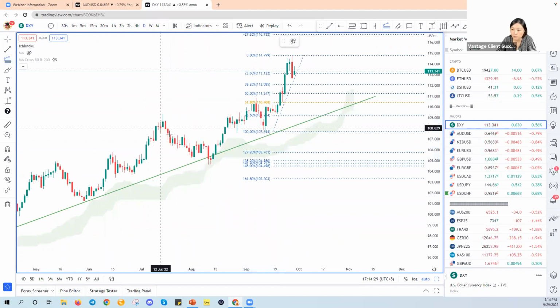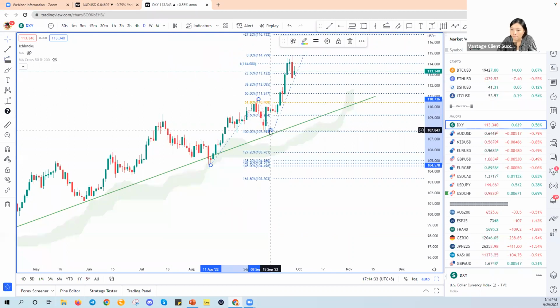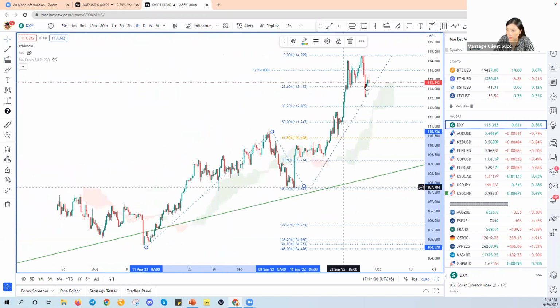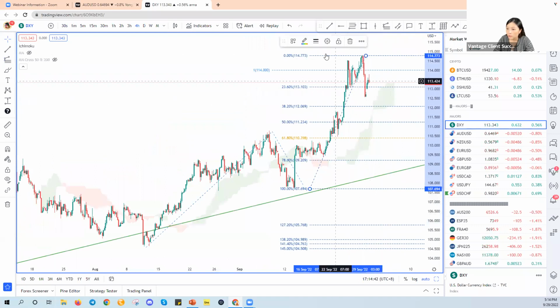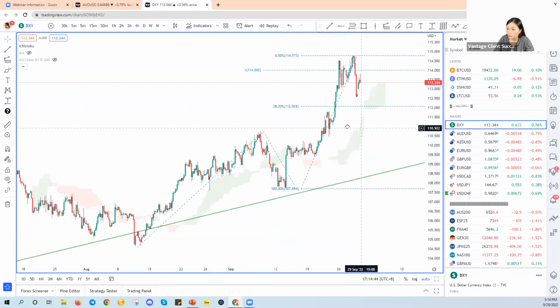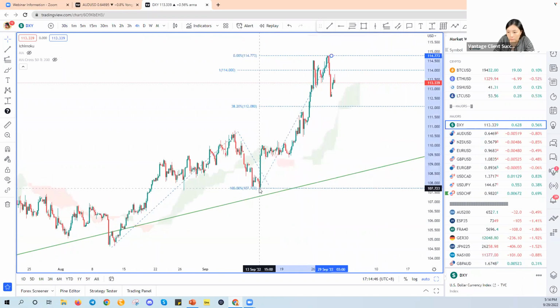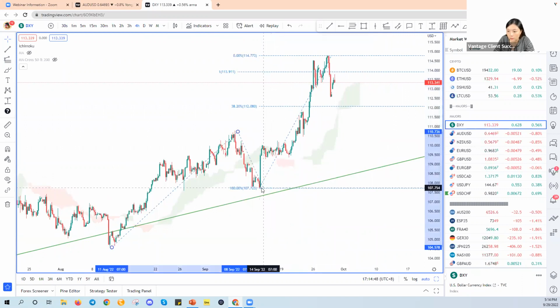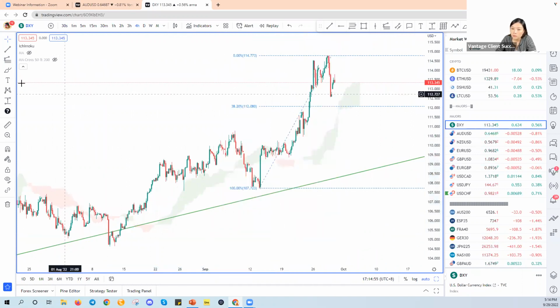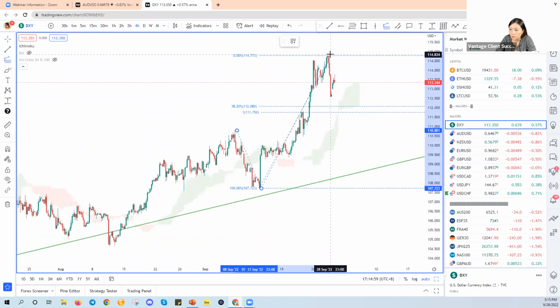Okay, let's draw some fib levels, before I zoom in. As you can see here, prices have actually retraced more than 23, so we are actually looking at a 38. And my projection levels, it has already broken my 100%, so this is totally invalid. I'll probably have to draw a new one.